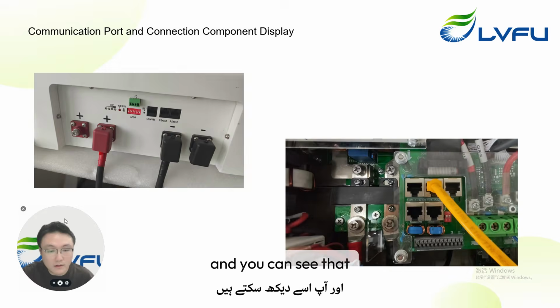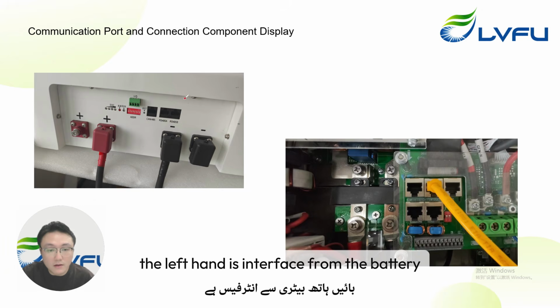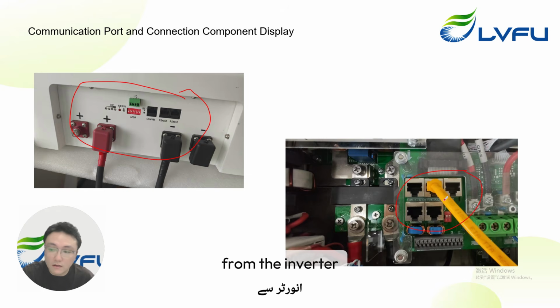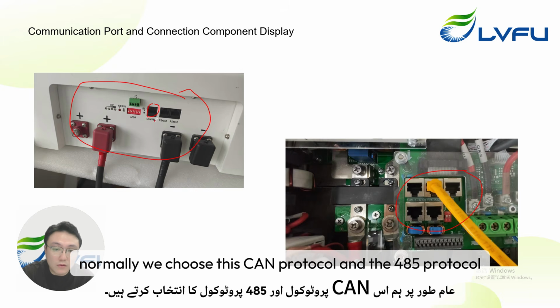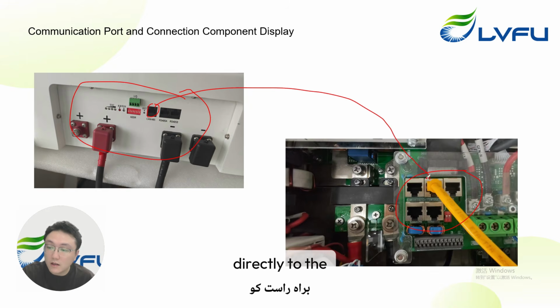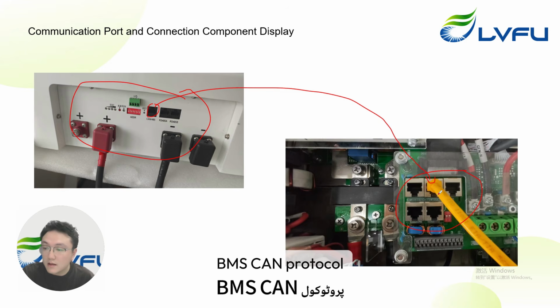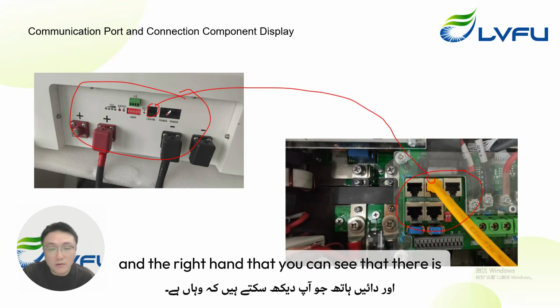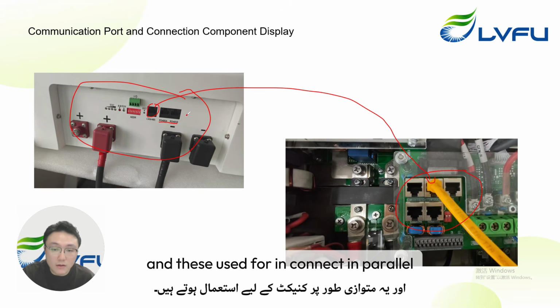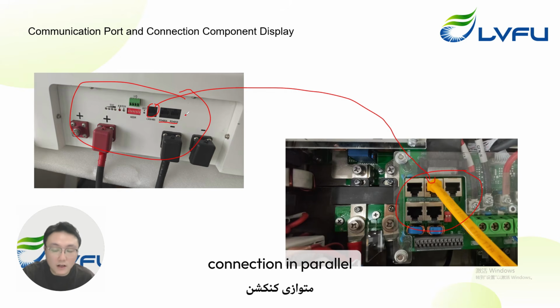You can see that the left hand is the interface from the battery, and the right hand is the interface from the BMS or from the inverter. Normally we choose this CAN port and the 485 port, and we connect the communication cable directly to the BMS CAN port. On the right hand, there are RS485A and RS485B, which are used for connection in parallel.